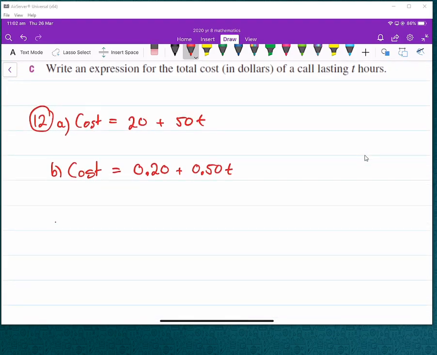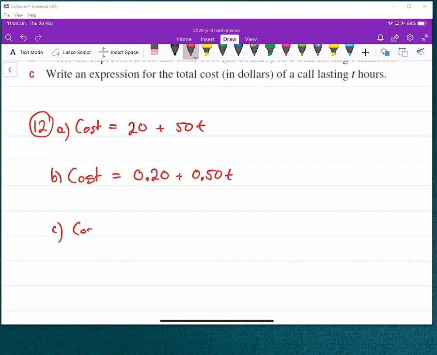Okay, so I hope that you're not talking on a mobile phone for a lot of hours, but if you made a phone call for T hours, then the cost is going to equal that 20 cent connection fee, or 20 cent flagfall. Now, because it's 50 cents a minute, then I could work out 50 cents per minute, 0.50 dollars per minute.